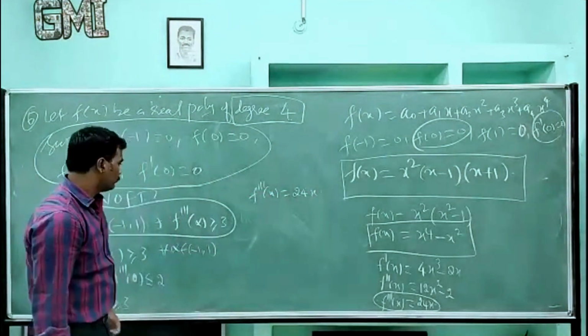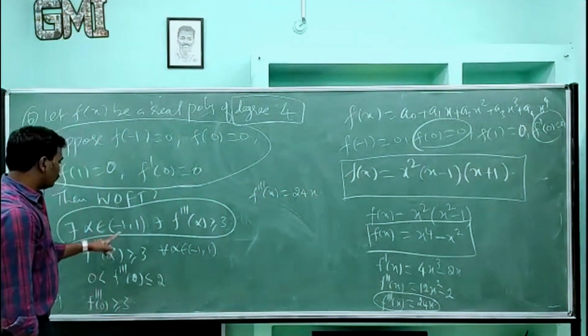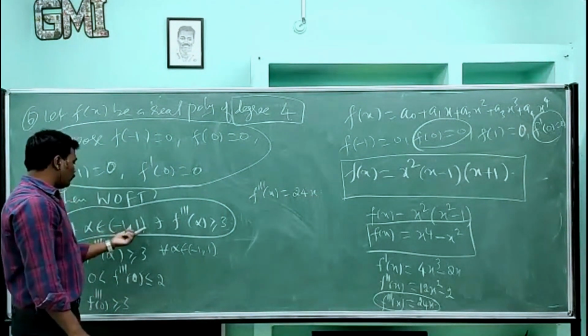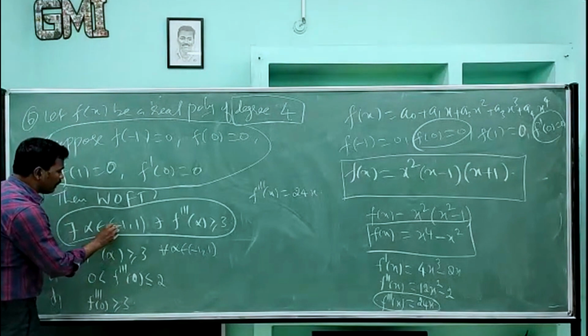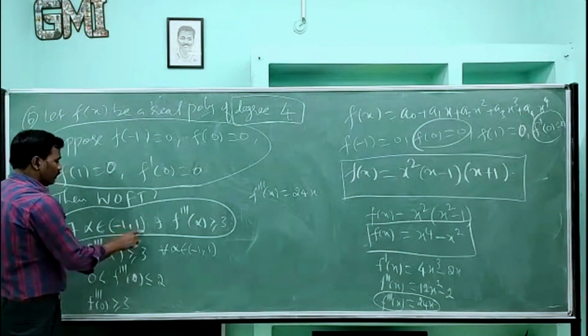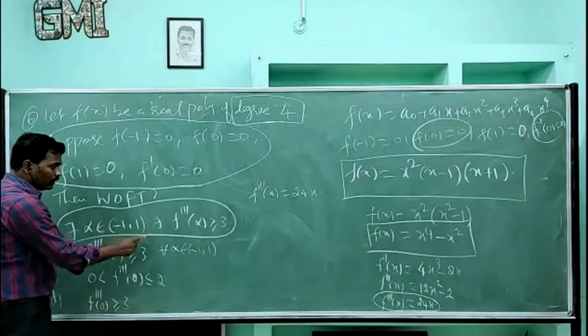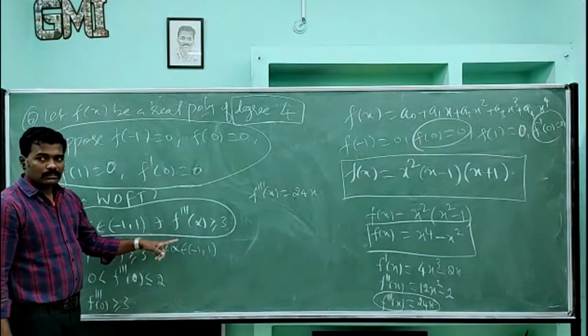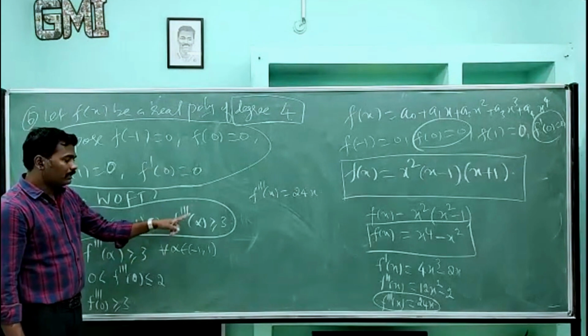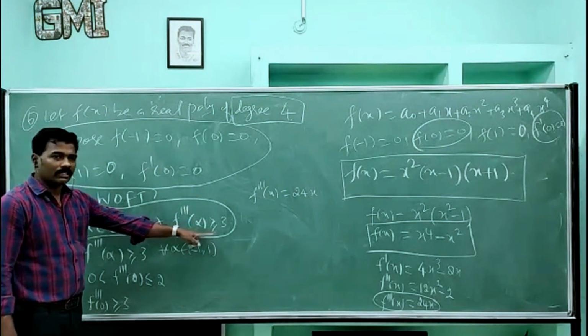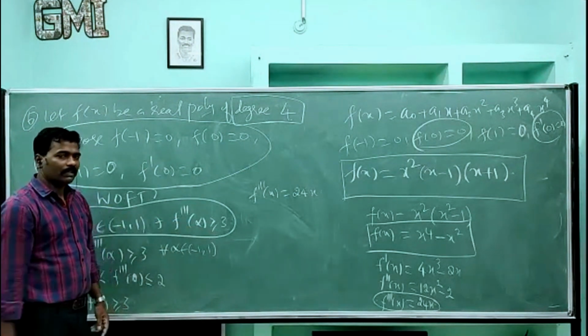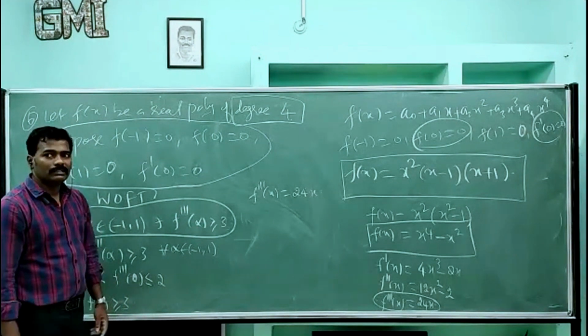This says that there exists some alpha between minus 1 and plus 1 such that f triple prime of alpha is greater than or equal to 3.